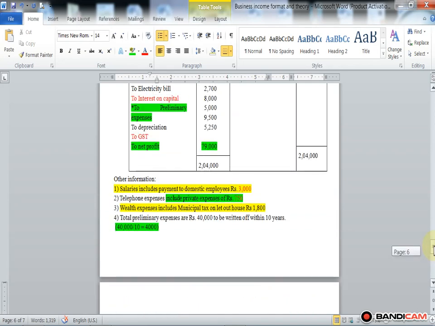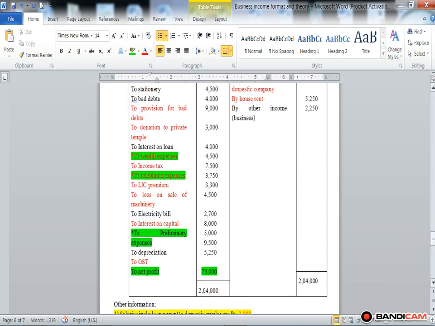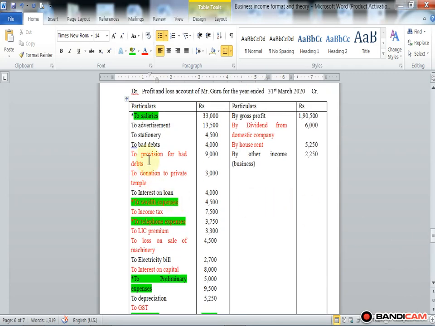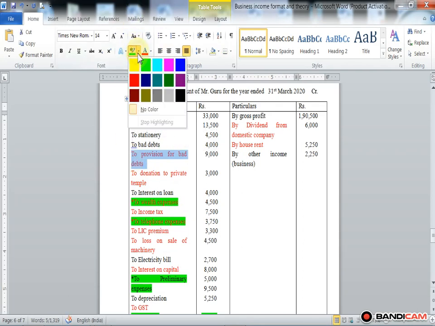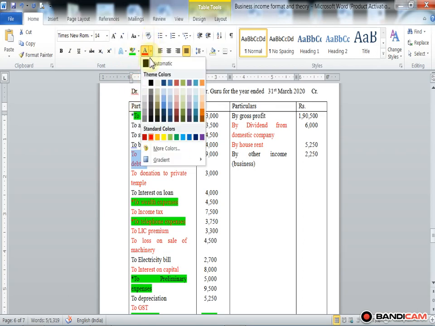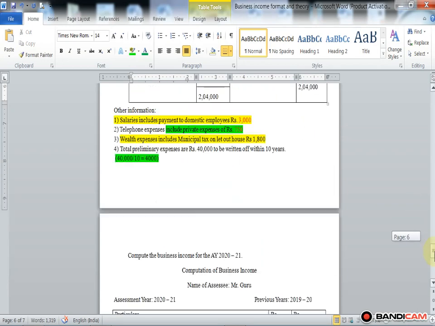Now we add the expenses debited to profit and loss account which are not related to the business. So here first, provision for bad debts. Provision for bad debts is disallowed. Okay, all provisions and reserves are disallowed. So here we add provision for bad debts in net profit.